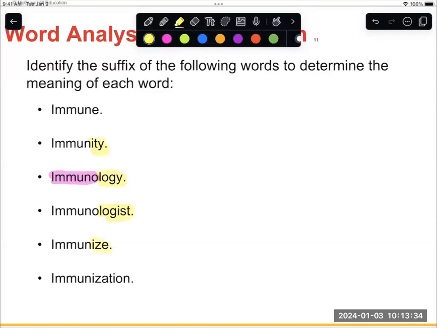Then immunization, our suffix is ization, which is the process, the administration of an agent to protect from that disease.